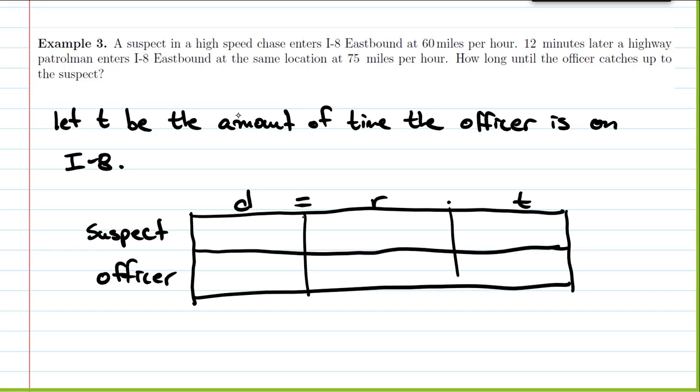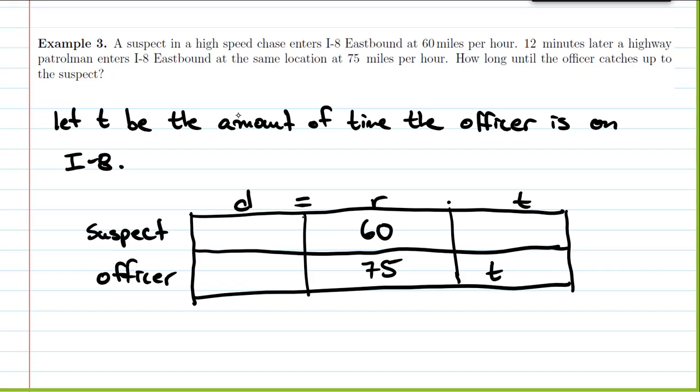So let's fill in the information we know. The officer has been on I-8 for T minutes. That was what we named our variable. We say that a suspect in a high-speed chase enters at 60 miles per hour, so that's going to be their rate, so 60. 12 minutes later, the highway patrolman enters I-8 eastbound at the same location at 75 miles per hour.